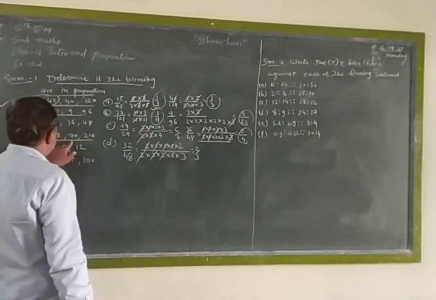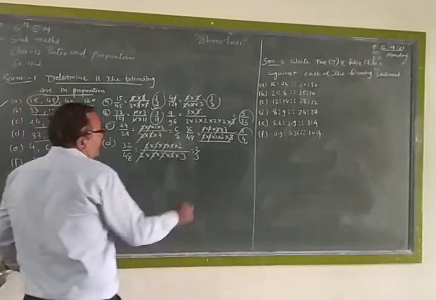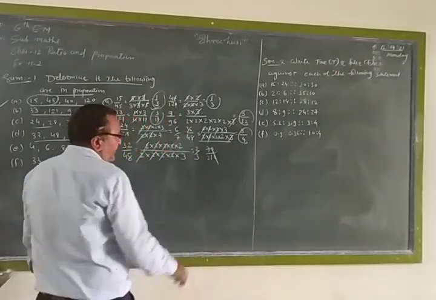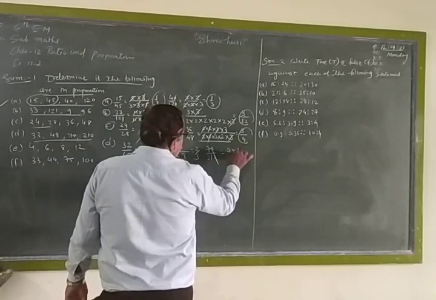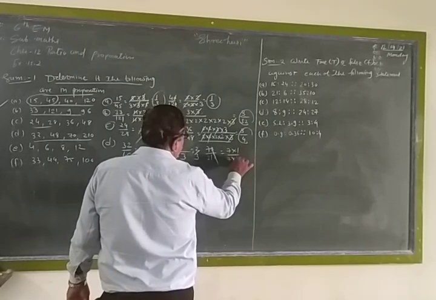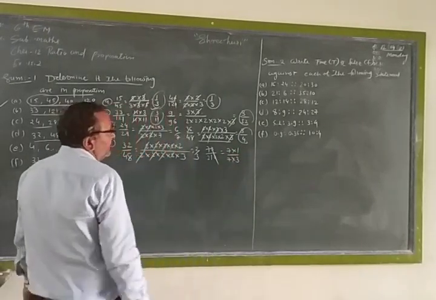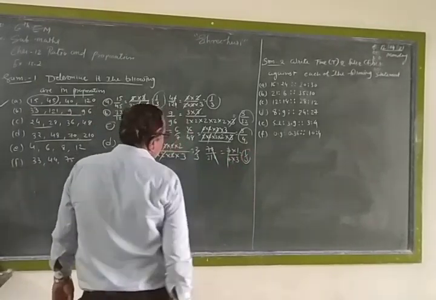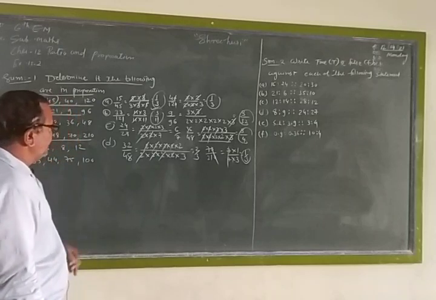Now 7 upon 21: 7 times 1 is 7, and 7 times 3 is 21. The 7s cut, giving 1 upon 3. So it is not in proportion.